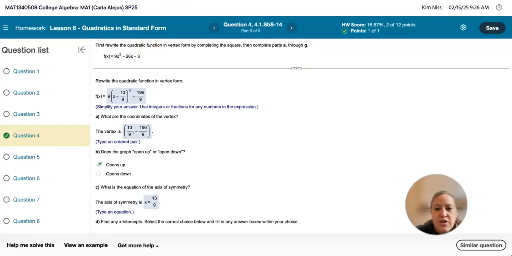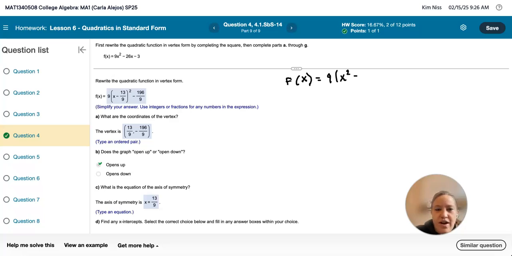So the first thing that you need to do is get it in vertex form, and you do that by factoring out the 9, and this is going to create some fractions. The x squared term is pretty easy because you just factor out the 9.